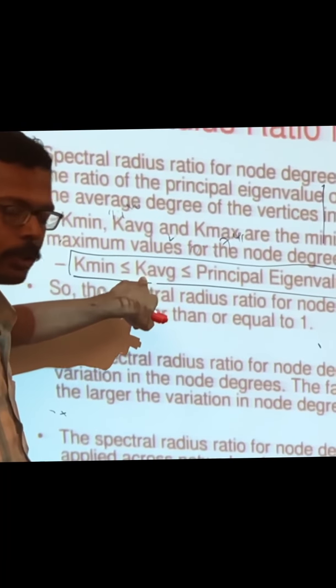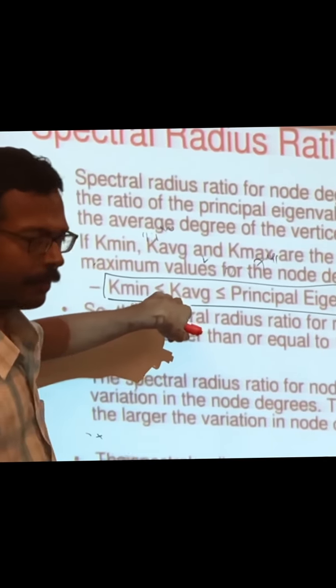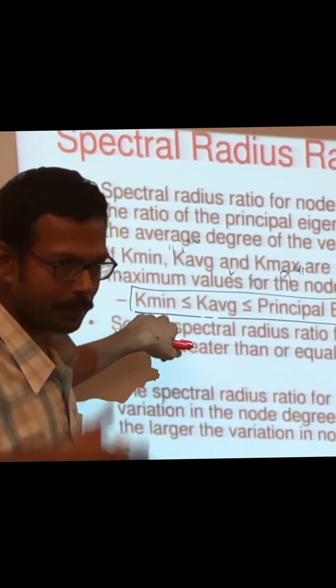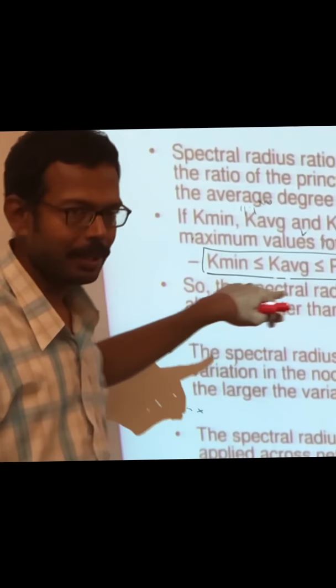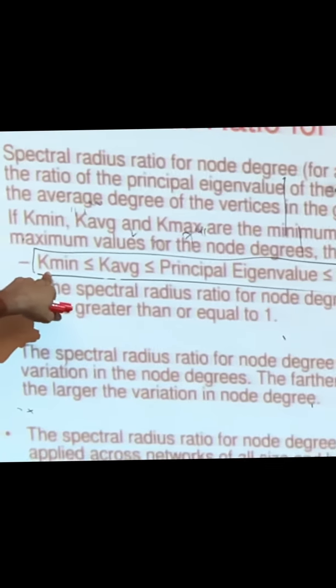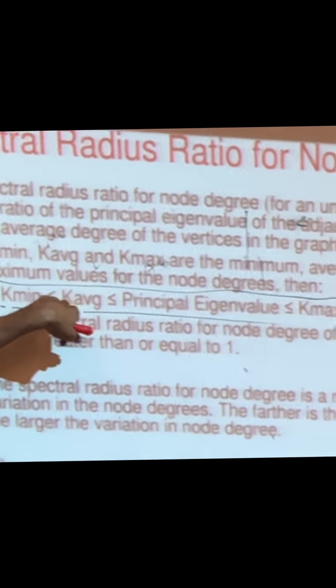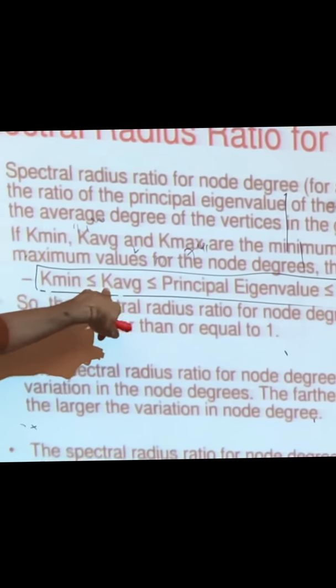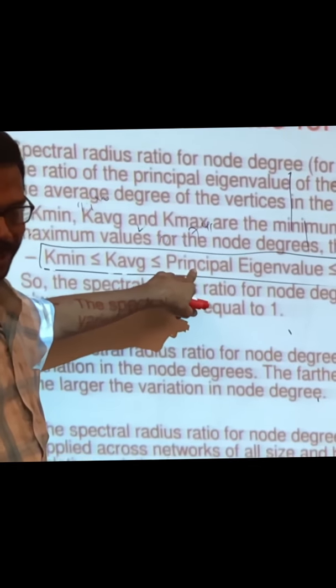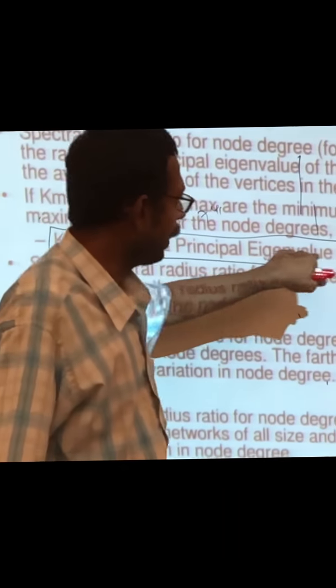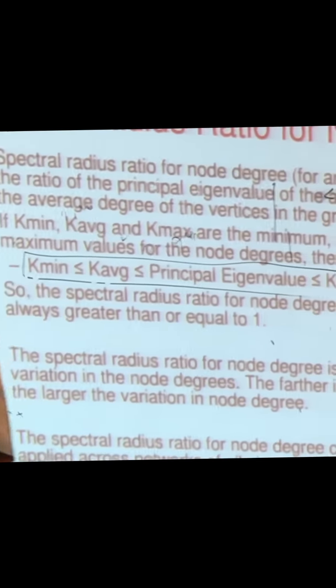And we know the average degree is greater than or equal to the minimum degree, because the minimum is always the minimum. So looking at it from this side, the minimum degree of any vertex in the graph is less than or equal to the average degree, which is less than or equal to our principal eigenvalue, which is less than or equal to the maximum degree of any vertex in the graph.